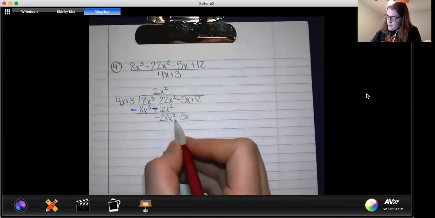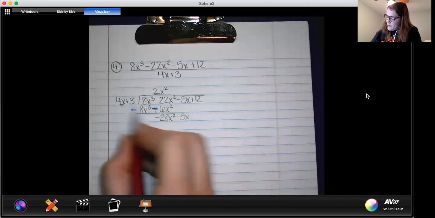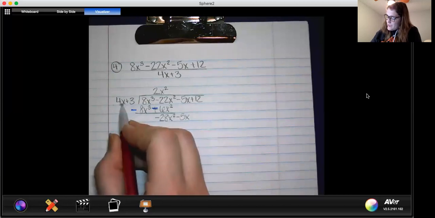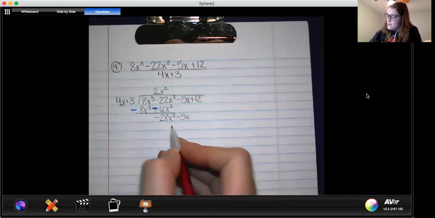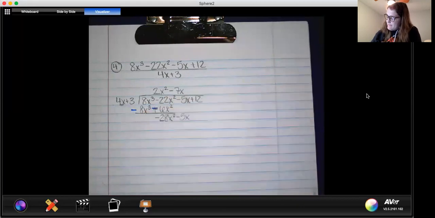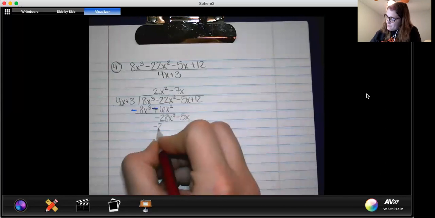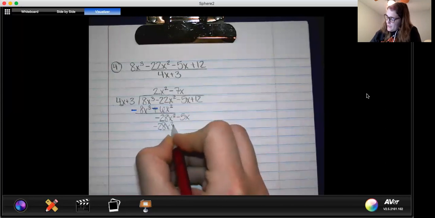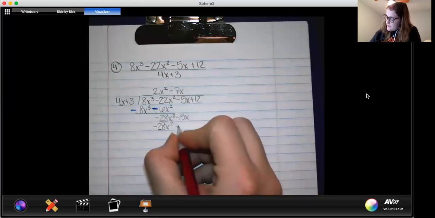Then I repeat the process. Negative 28x squared divided by 4x, or what times 4x will get me to negative 28x squared, which would be negative 7x. Multiply. I get negative 7x times 3, which is negative 21x.